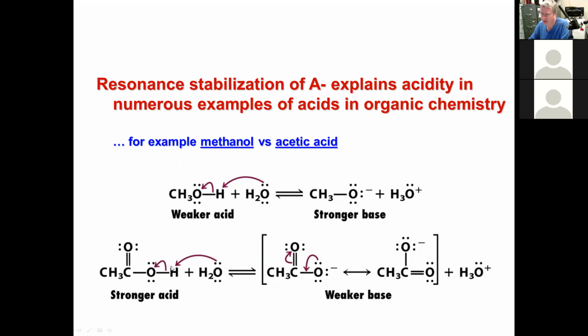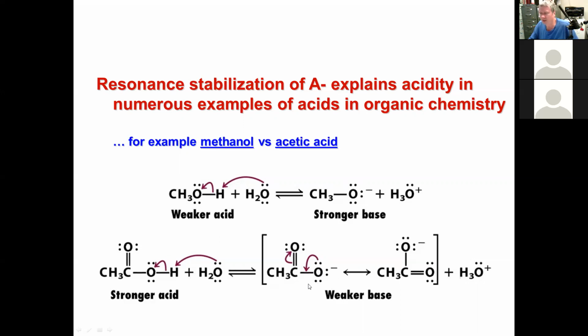Water takes the proton. Now you have this thing where the conjugate base has resonance. So there's not only these resonance structures, you could separate the charge, like you could draw a third resonance structure with carbon plus, both oxygens minus. Remember, that's a minor resonance structure. We don't really care about that. But these are very prominent resonance structures, right?